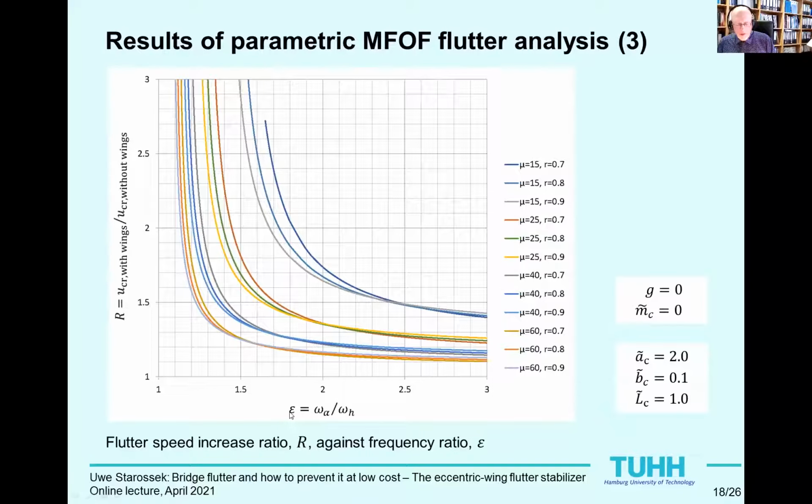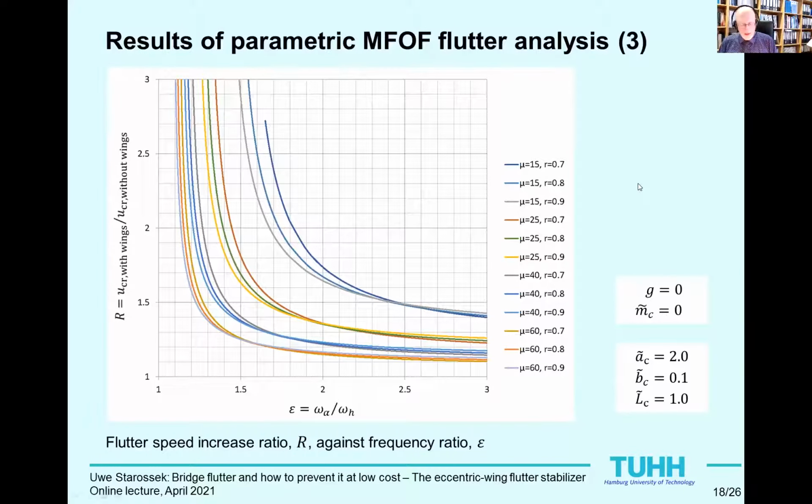It is also found that the flutter speed increase ratio always increases with increasing epsilon up to a certain start value of epsilon, below which no flutter occurs. Overall, we can conclude that a significant increase in flutter speed can be achieved by adding wings, particularly for the lower values of mass ratio and frequency ratio.